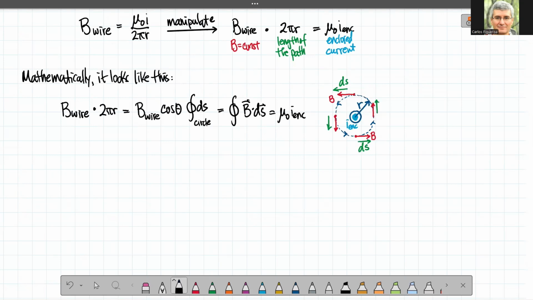Finally, we could write this in. Here is Ampere's law.